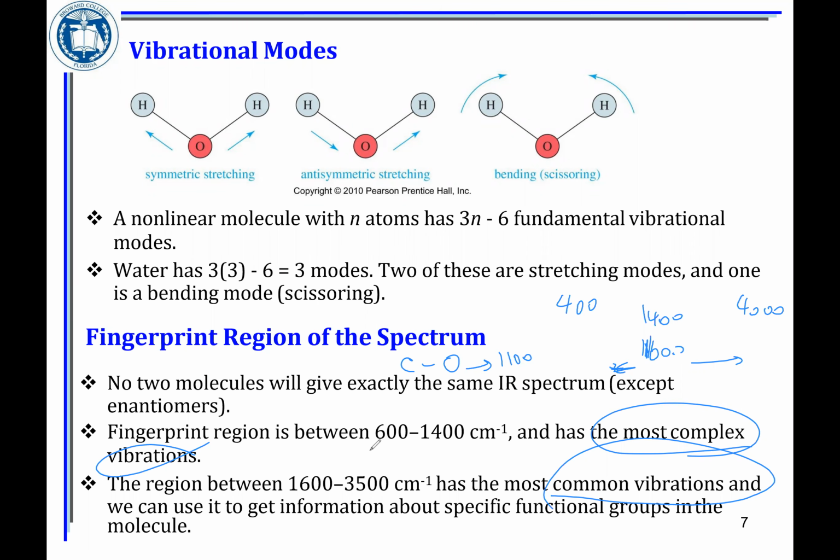So just based on definition, 400 to 1,400 would be the fingerprint, and 1,400 to 4,000 would be the general region for the IR.